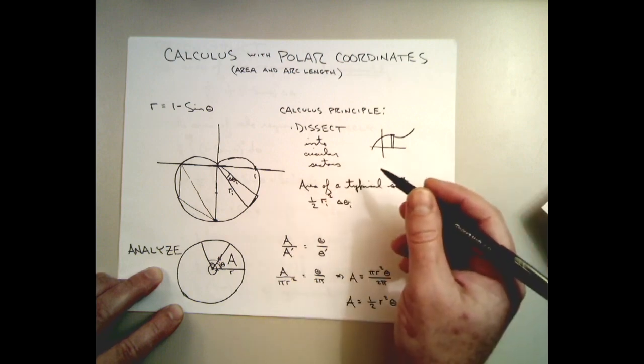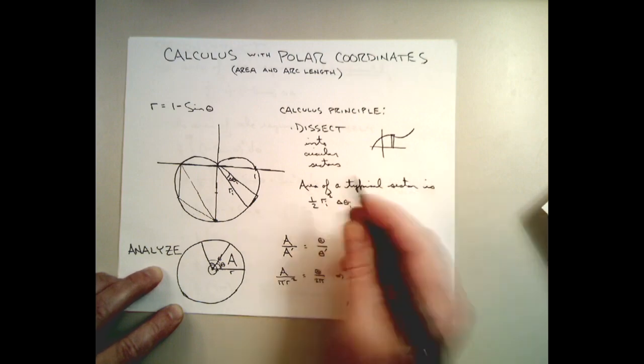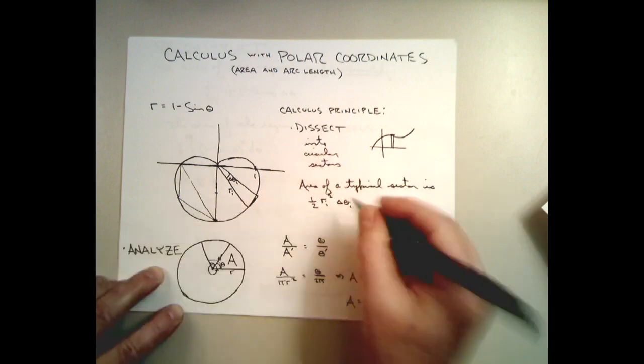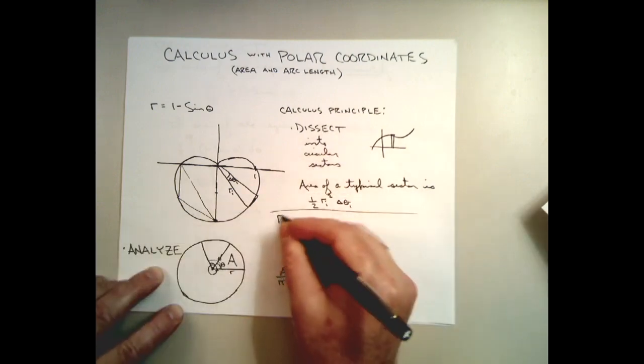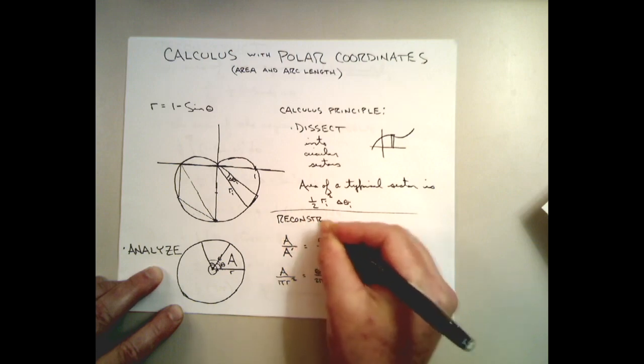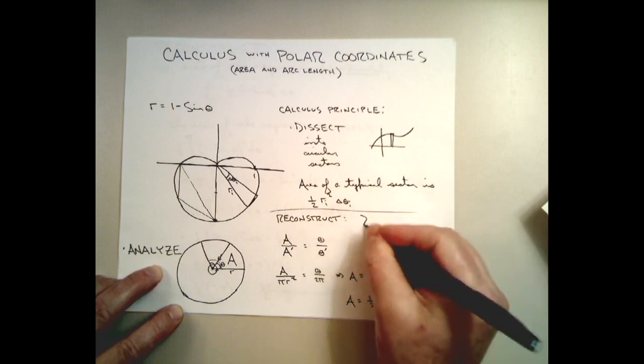And so finally, what we need to do is put all those pieces together and reconstruct. So we've dissected, we've analyzed. Now let's reconstruct. And whenever we reconstruct, that's going to be what?